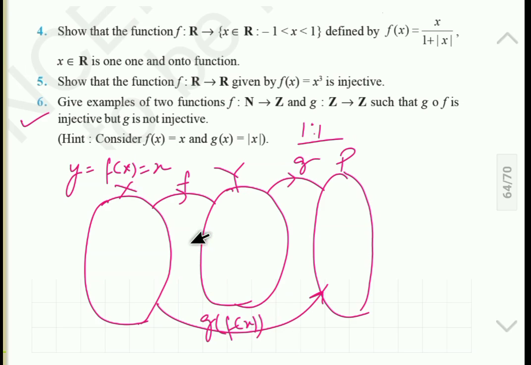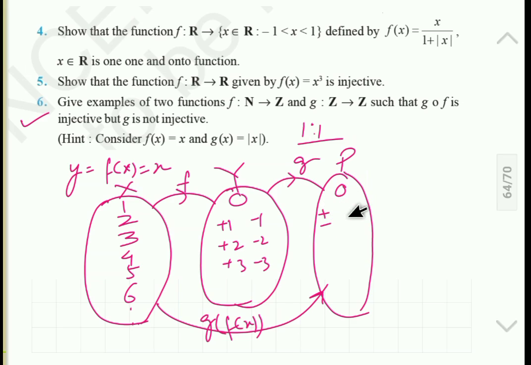It is defined from X to P. So X is the set of natural numbers: 1, 2, 3, 4, 5, 6, and so on. Y is the set of integers: 0, plus 1, minus 1, plus 2, minus 2, plus 3, minus 3, and so on.